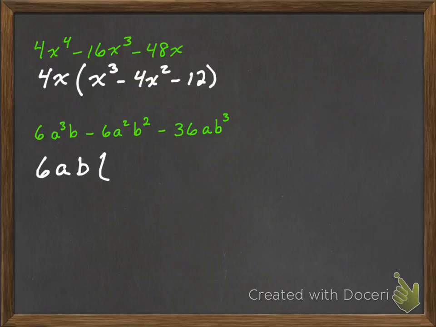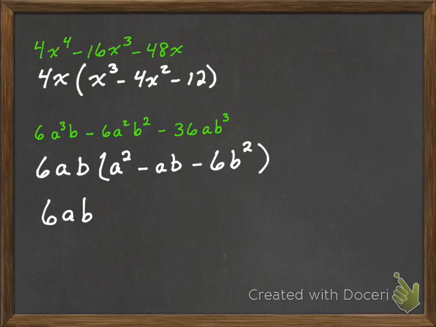All right, so the next one, we have a GCF of 6ab. Take that out of the first term, you are left with a squared. On the second term, you are left with ab. On the last term, you are left with 6b squared. All right, so now let's see if we can factor this a little bit further. The only way to get a squared for your first term is to multiply a times a. Okay. All right, so then let's look at the number here.